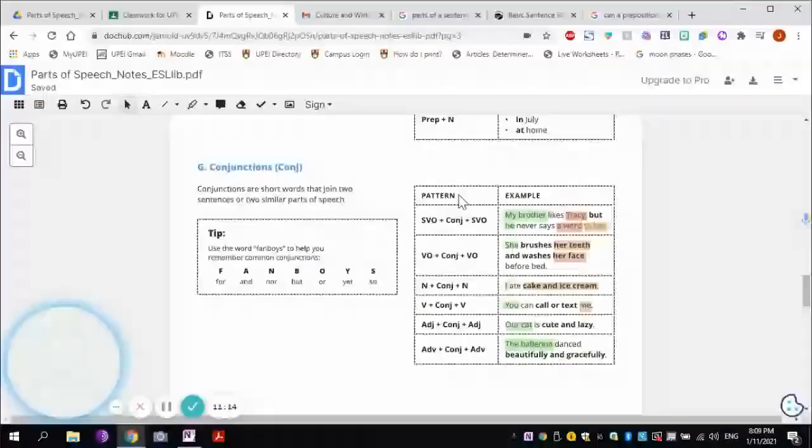So the patterns that they come into, we can have subject, verb, object, plus conjunction, plus subject, verb, object. Yeah, that sounds really complicated to me too, but it's not that bad.